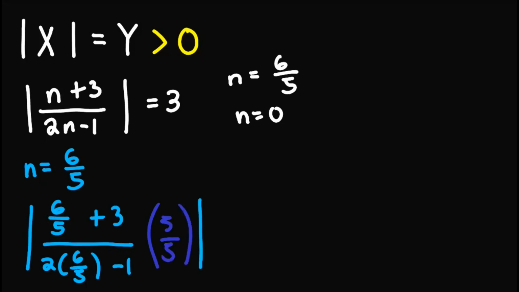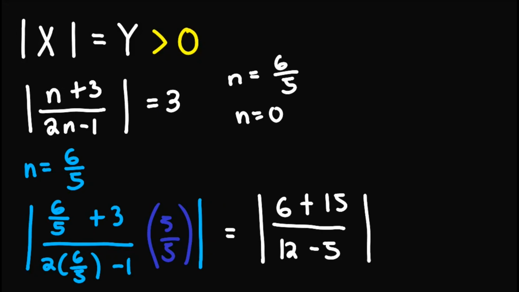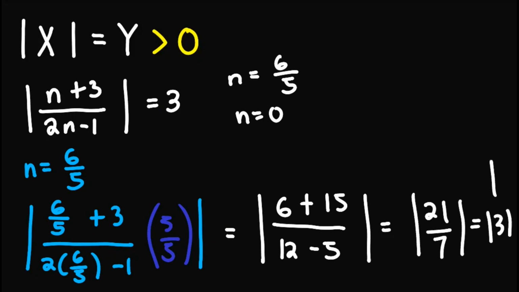So this will be equal to the absolute value of 6 plus 3 times 5 is 15 over 2 times 6, that will be 12, minus 5. This simplifies to 21 over 7, or simply the absolute value of 3, which is 3. So it satisfies the given.